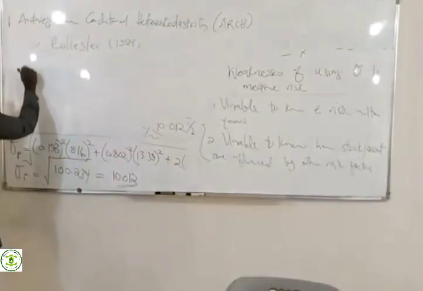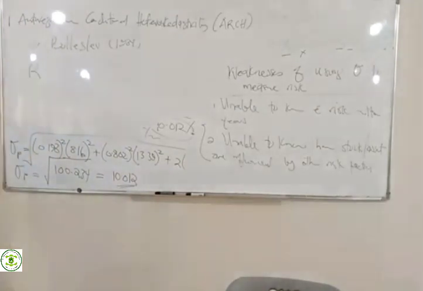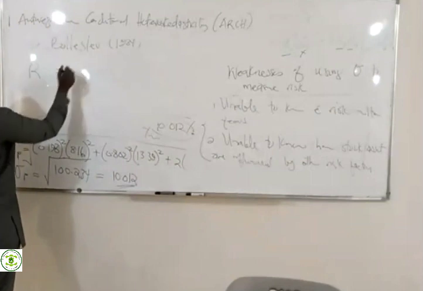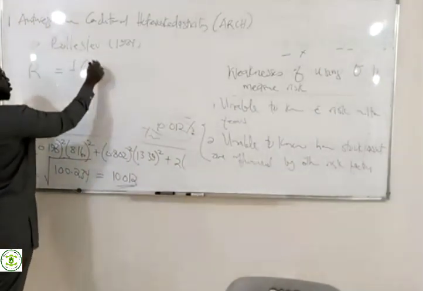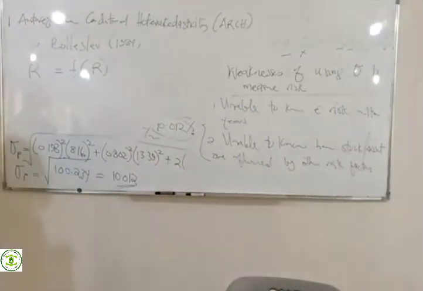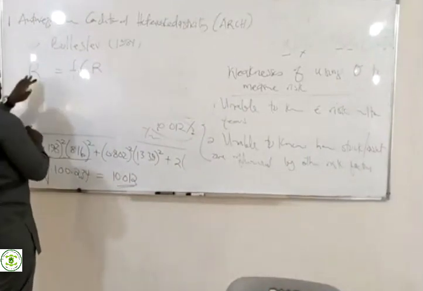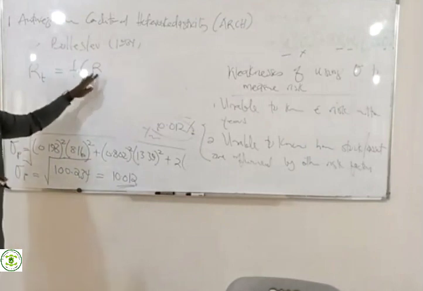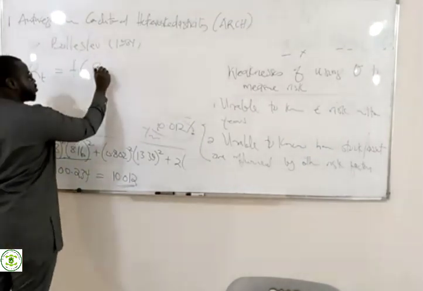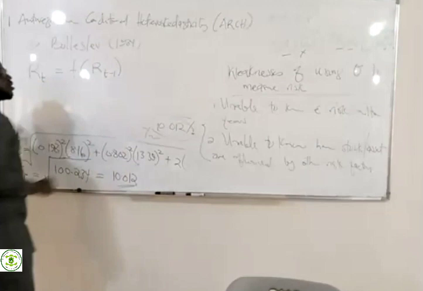Now, when you look at the return of an asset, it says that the particular return you are looking at also depends on the previous return. In other words, the current return that you are going to make depends on how much you made last year.